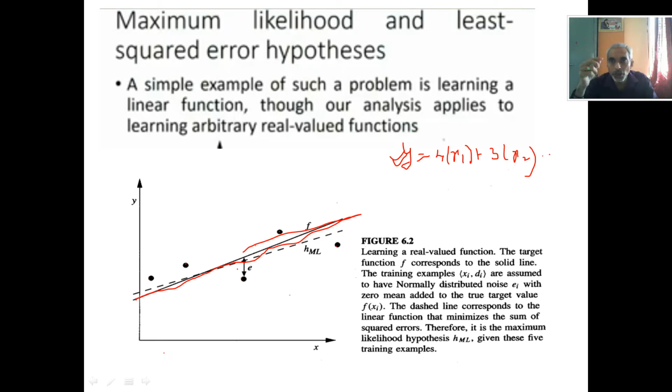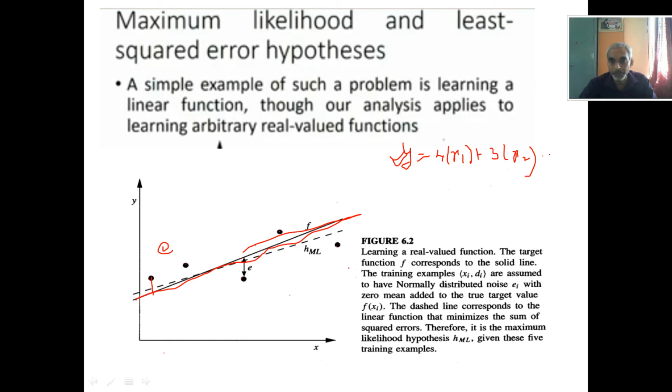Some points are on the top, some data points are below. So you want to draw a line such that all these data points either fall on that line or at least are nearer to it. Say this is your solid line and the data point is here. There is this much of a difference, and that difference we call our error term E.